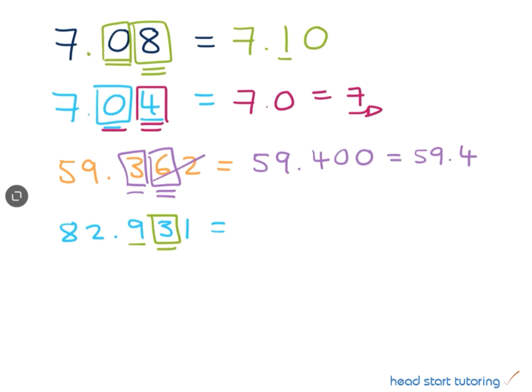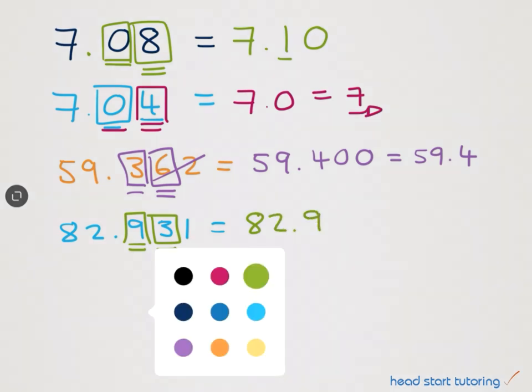Right, so rounding the number 82.931 to the nearest tenth, we are not going to round that number up. It is going to stay the same, and that is because of this 3 in the hundredths column. So we end up with 82.9 or 82.900.